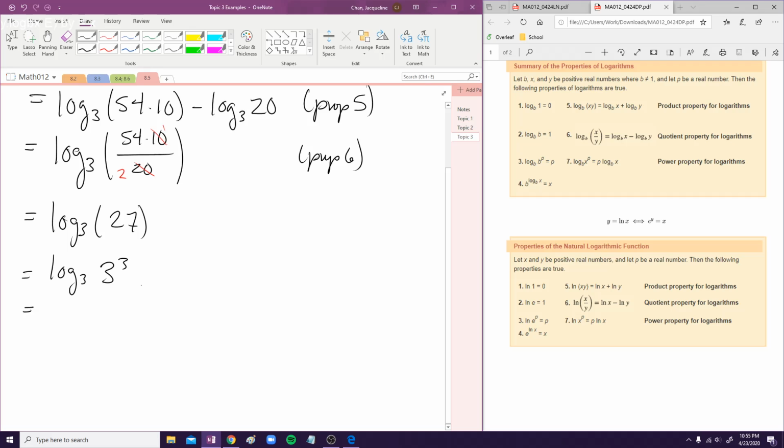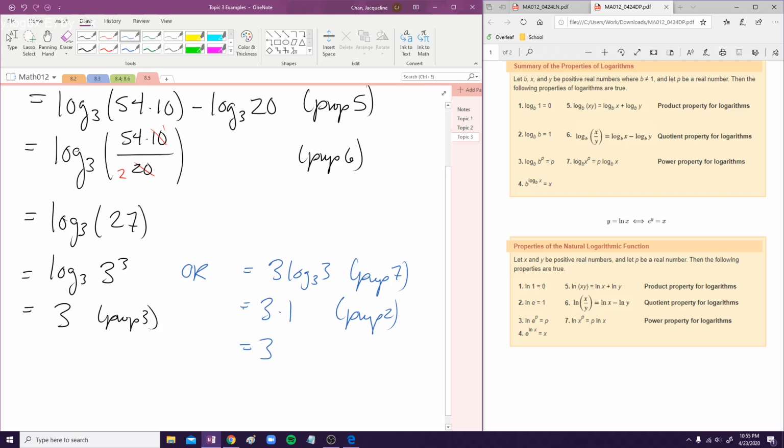you can actually do one of two things. You can immediately apply property 3, so this equals 3 by property 3, or this is also equal to 3 log base 3 of 3. That was property 7, and then using property 2, log base 3 of 3 becomes 1, so this is 3 times 1, which is equal to 3.